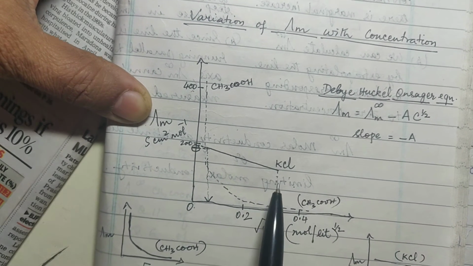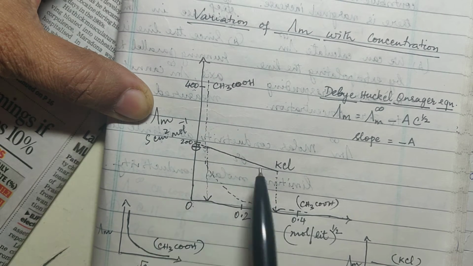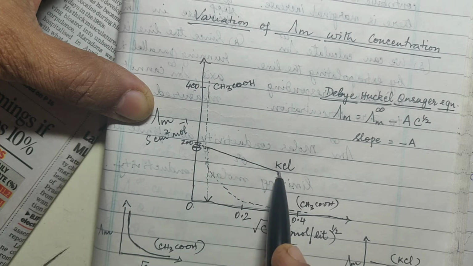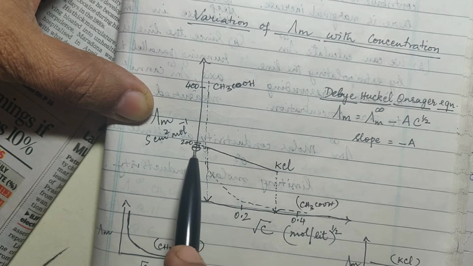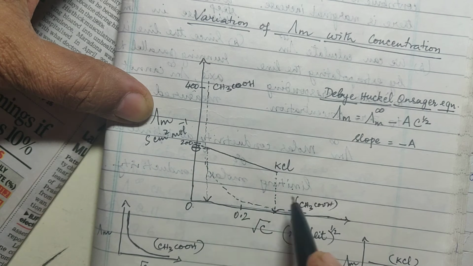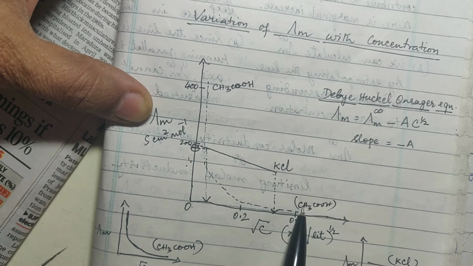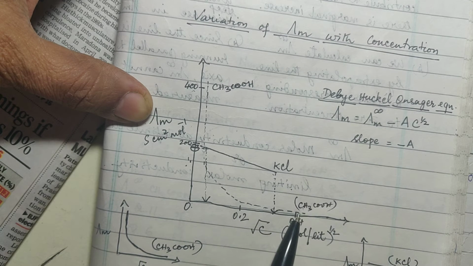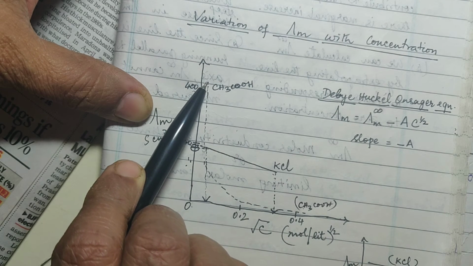Now you find that with decrease in concentration, molar conductivity is increasing. Here you have the KCl concentration and correspondingly the molar conductivity was somewhere here. As the concentration reduces, the molar conductivity has increased to here. So there is only this much of difference, from here to here. Now when you see acetic acid, with decrease in concentration, that means dilution, the molar conductivity increases steeply for acetic acid.